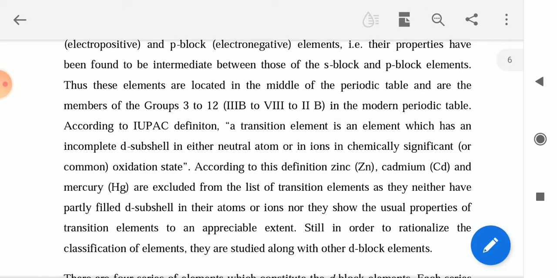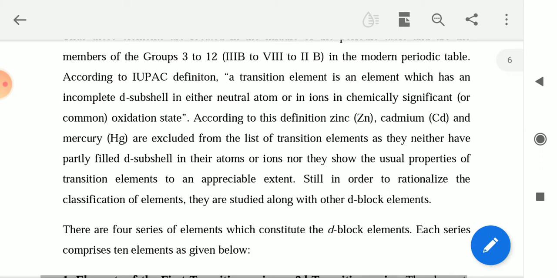According to IUPAC, a transition element is an element which has an incomplete d subshell, either in a neutral atom or in an ion in a chemically significant oxidation state.